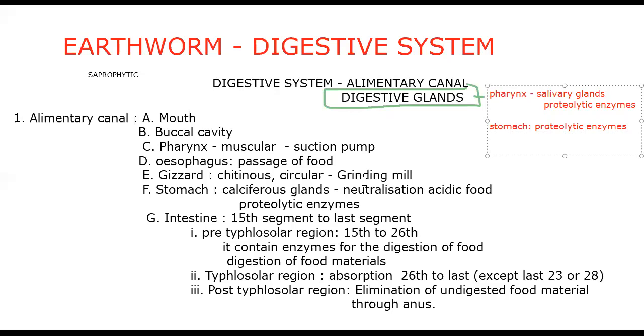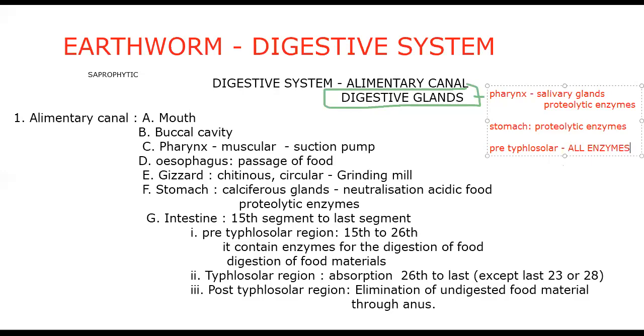Next, the pre-tiflosolar region. The pre-tiflosolar region has all the enzymes. The glandular tissue of the pre-tiflosolar region has all enzymes, like amylolytic, proteolytic, lipolytic. That's why it's not mentioned much in the text here. All enzymes for digestion are present here.